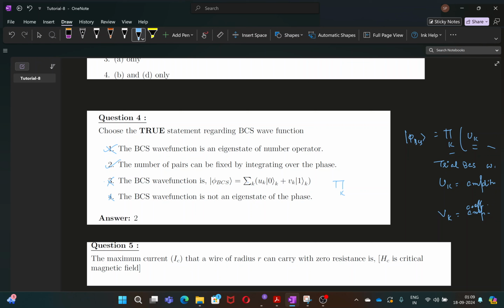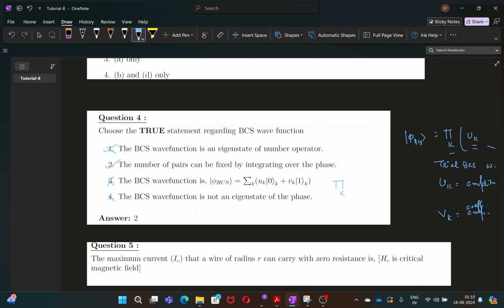But basically it is not an eigenstate of the number operator, but it is an eigenstate of the phase. How phase? Because in the superconductor, all the electrons are correlated with each other, or they have a coherent phase throughout the system.